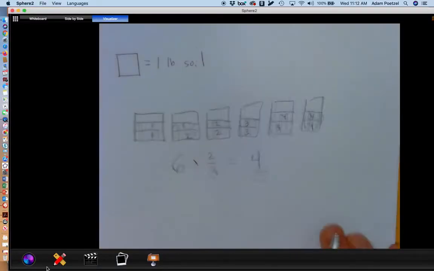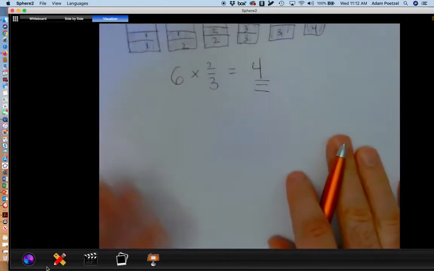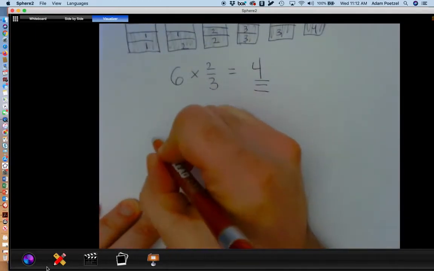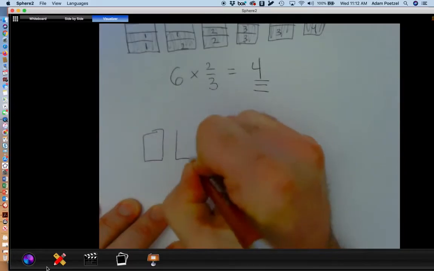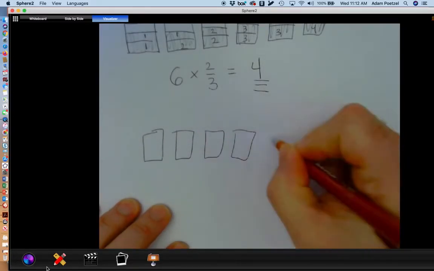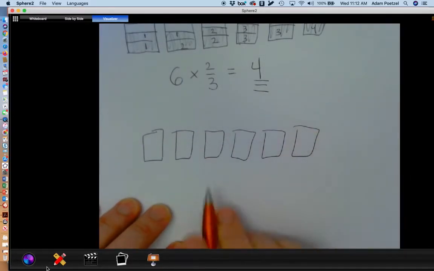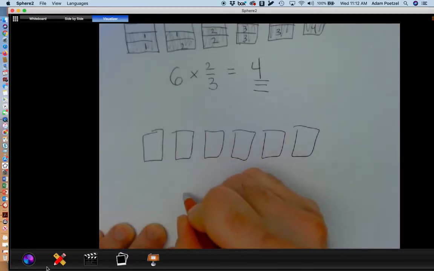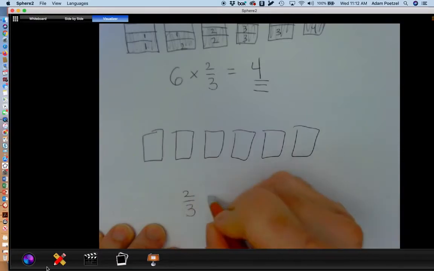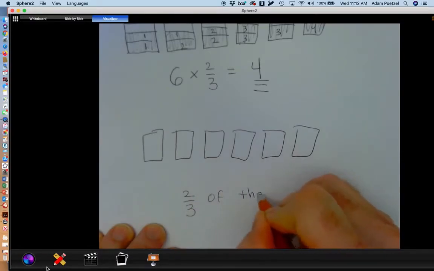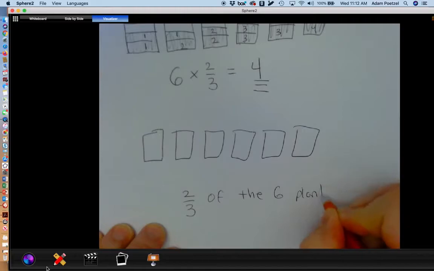So there was our last problem. Let's change it here. This time she had 6 planters. All right, so I'm going to draw out 6 planters. And the goal is that she planted tomatoes in 2/3 of them. So really what we're looking for is 2/3 of the 6 planters.